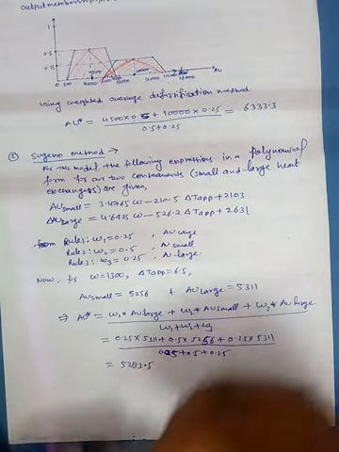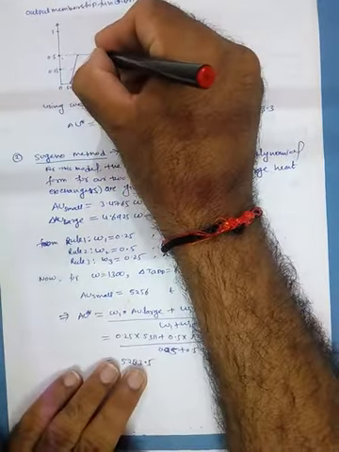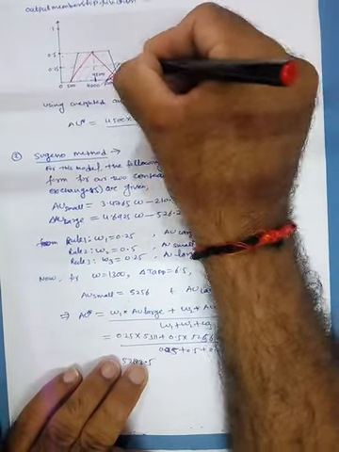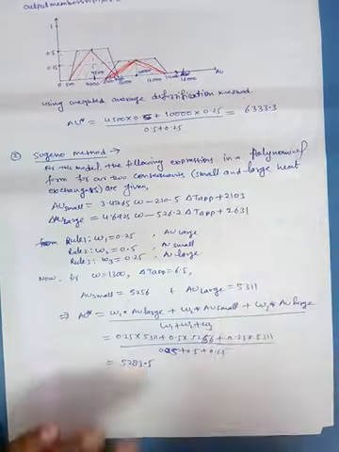This red area is basically from the Larsen method. From the Larsen method this will come, the answer will be the same.